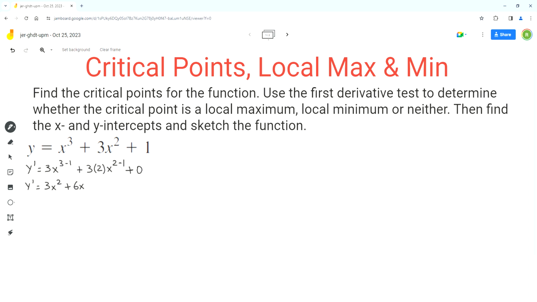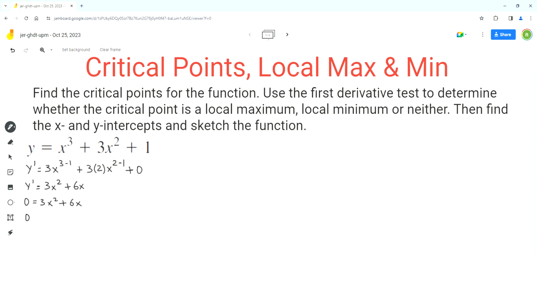Now there is no x value that will make this y prime undefined because there is no x in the denominator. So we just have to find the x values that will make y prime equal to 0. We'll set the left side equal to 0, and we have to solve this equation. Now we can do common factoring on the right side.